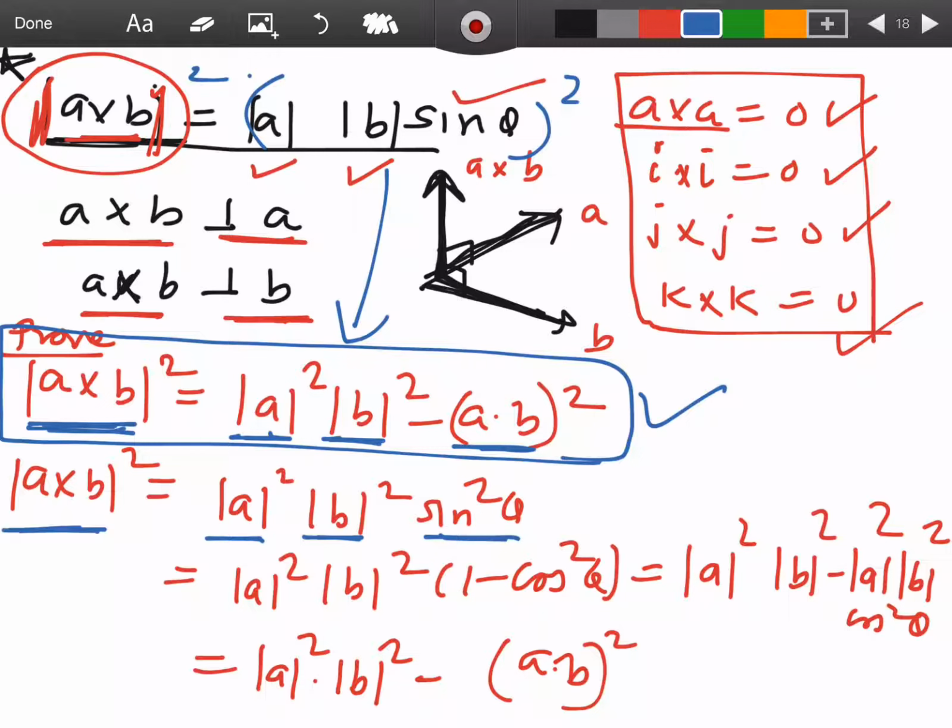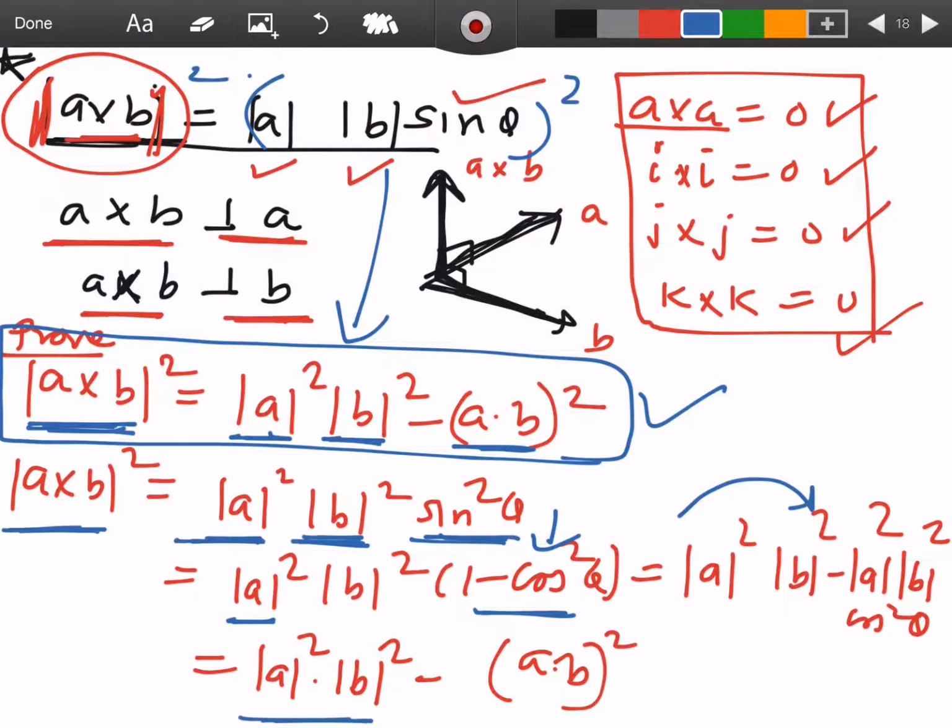So that's going to be magnitude of A squared, magnitude of B squared, sine squared theta. In place of sine squared theta, I can just put 1 minus cos squared theta. Open this up, expand it, and you're going to get this.